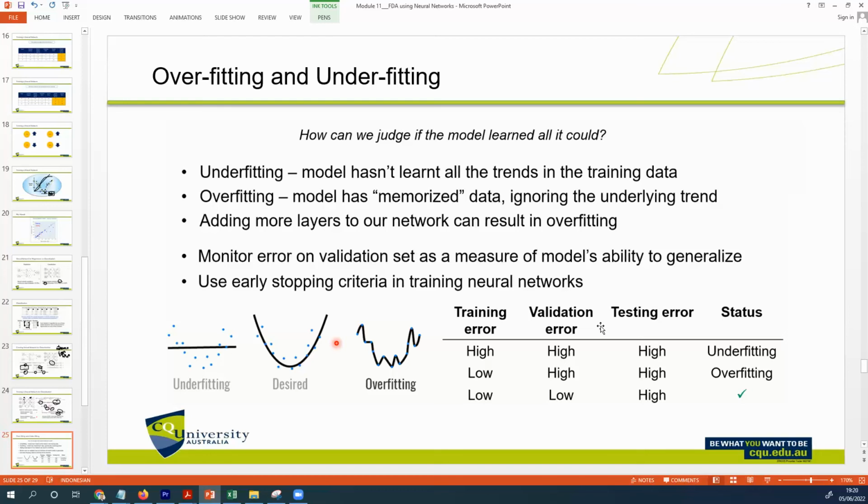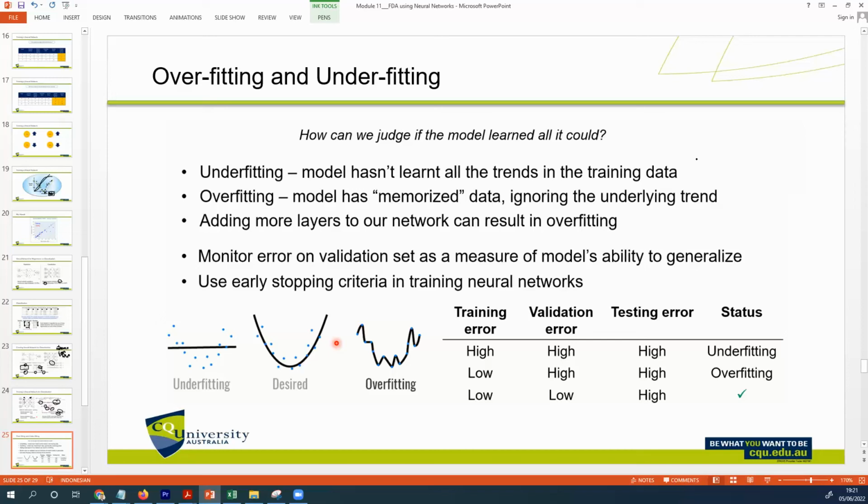There are also some issues regarding overfitting and underfitting in neural networks. Underfitting means the model has not learned all the trends in the training data.